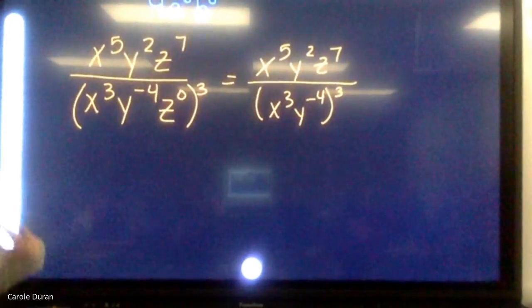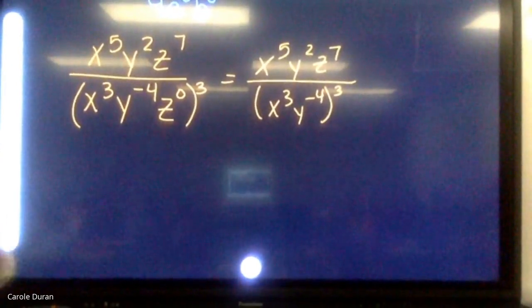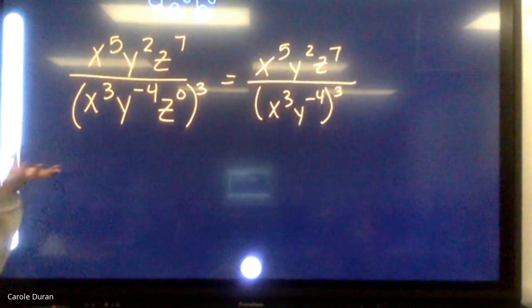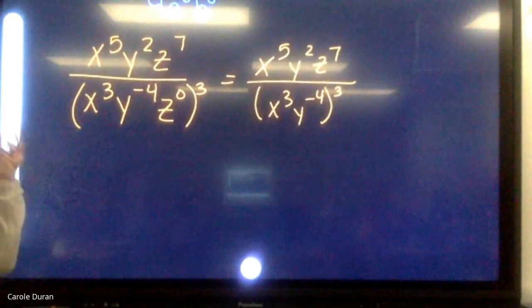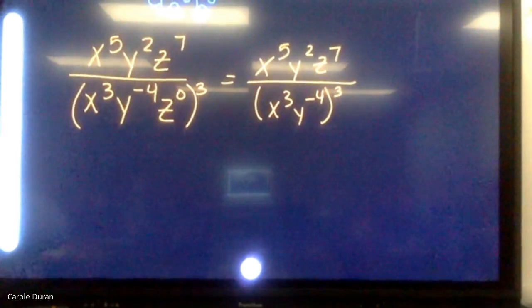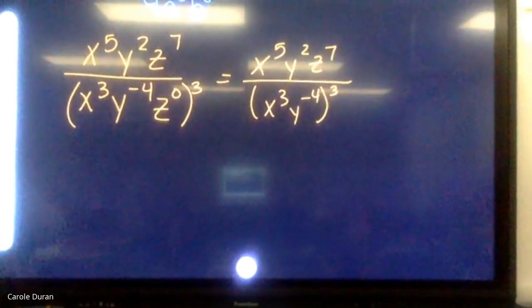From here, my entire function is not being taken to an exponent, so I don't have to worry about that, which means I'm going to simplify in my numerator and my denominator individually. There's nothing I can put together in that numerator, so I'm going to focus on the denominator. Distribute that cube. So I'm going to cube every single one of those terms in my denominator.